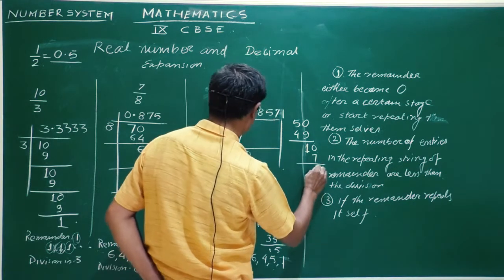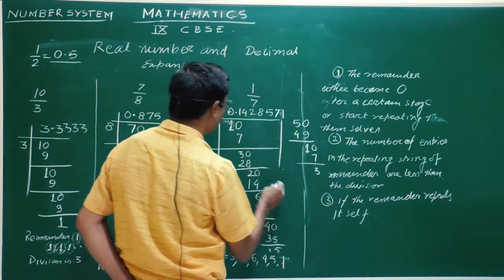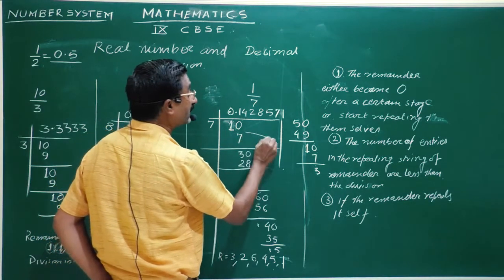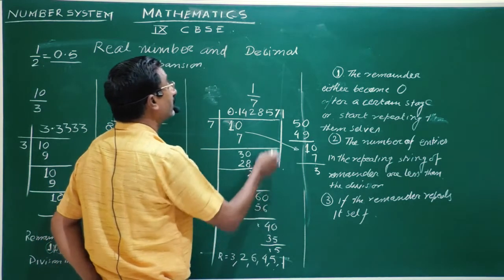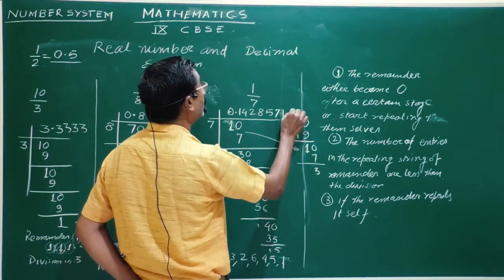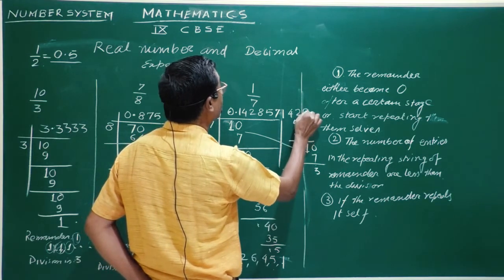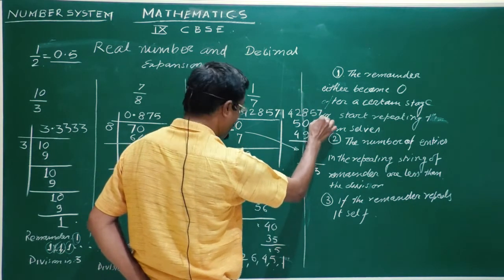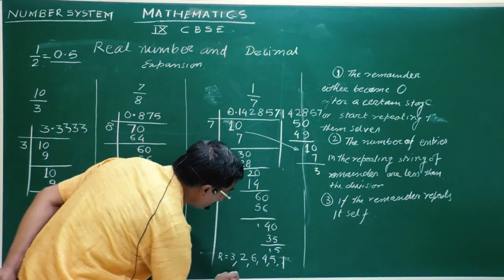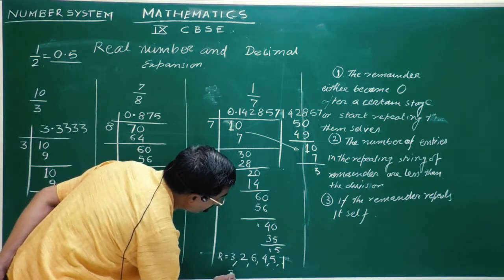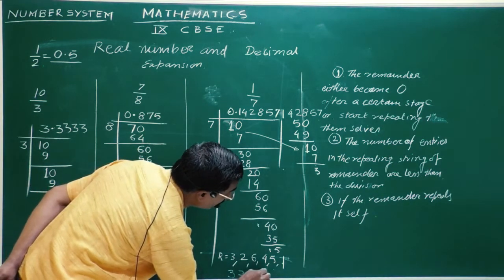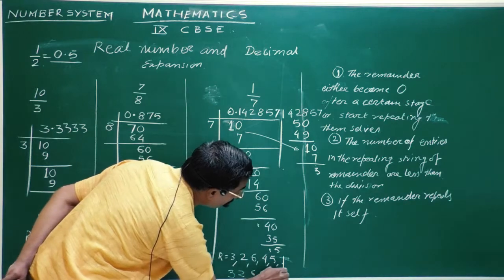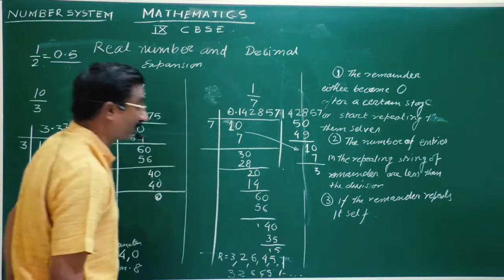So remainder is 3. Means again this cycle is repeating. You will get 1, 4, 2, 8, 5, 7. Means the same remainder will be again repeated, that is 3, 2, 6, 4, 5, 1 and so on.